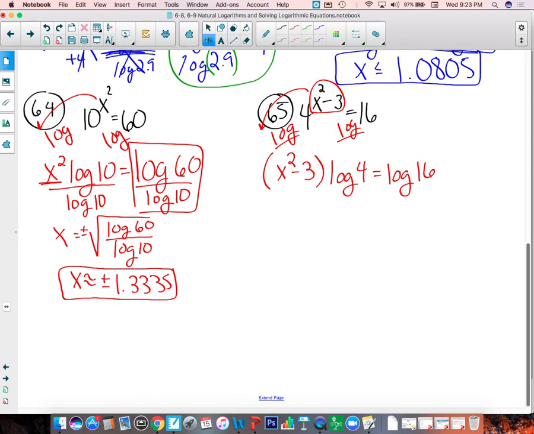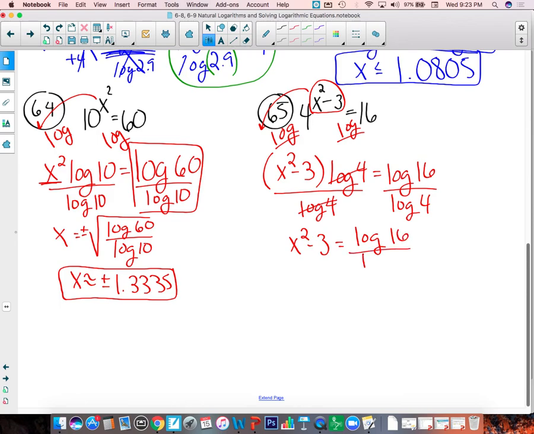And I hope you can kind of see what you're supposed to do here. You don't want to distribute this, you want to divide by that log base 4. Okay, because that cancels out over here. And then we're left with this now.